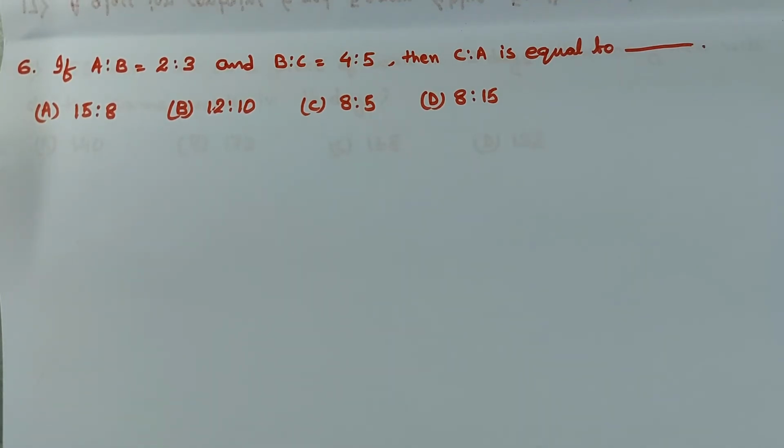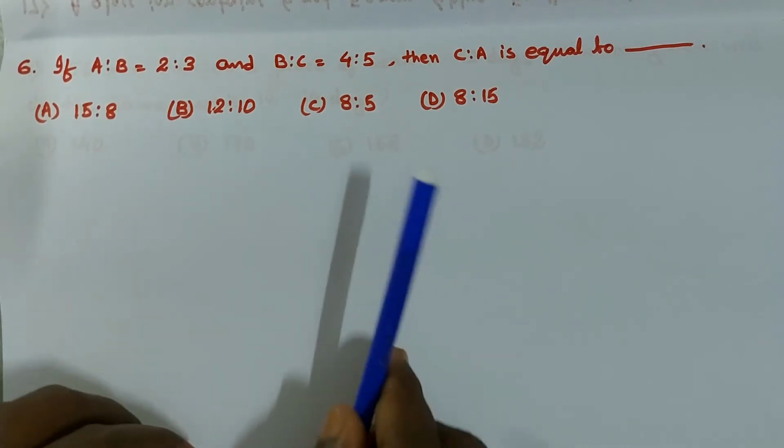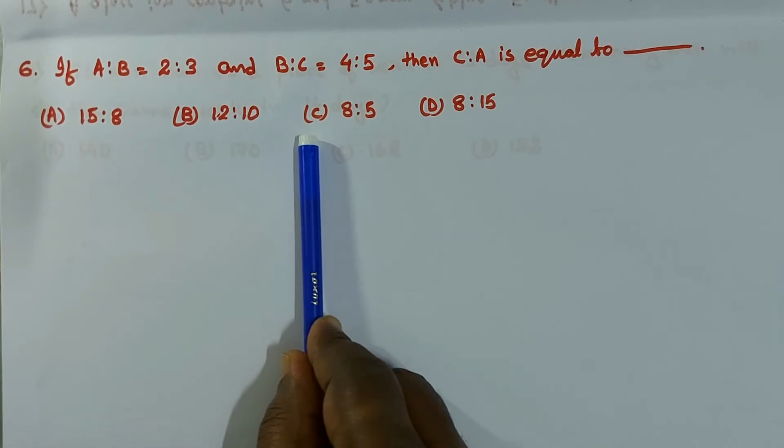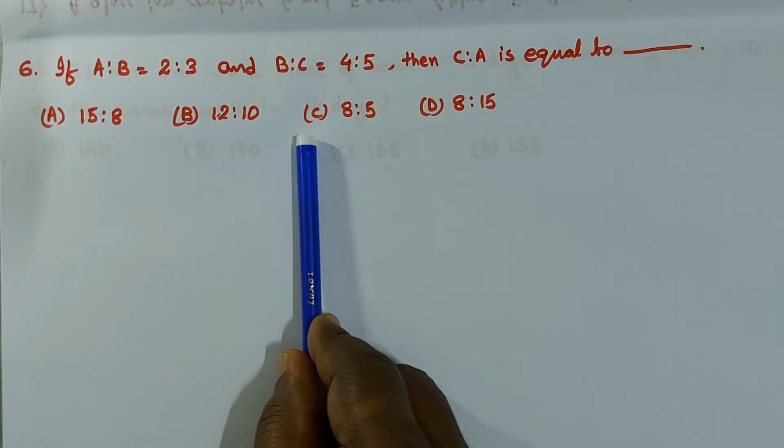A is to B equals 2 is to 3 and B is to C equals 4 is to 5. So C is to A we need to determine. So how are we doing that?